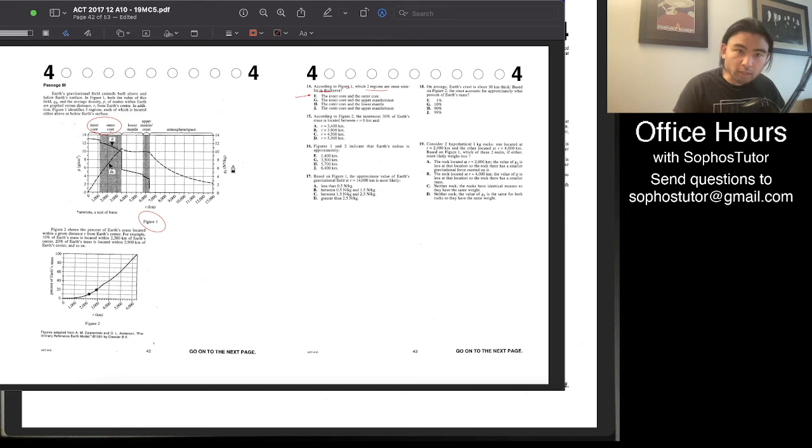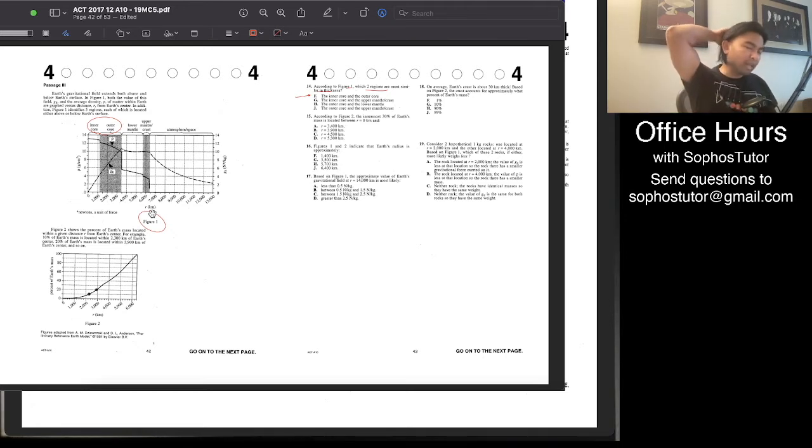On the right side of the chart, we see g_E, and in parentheses, capital N/kg. Now on the bottom, we see the variable R, and then we see km.